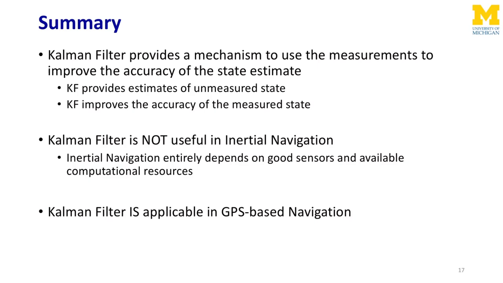Now, as far as inertial navigation goes, Kalman filter, unfortunately, is not useful because we don't have the measurement of any component of the state in inertial navigation. Inertial navigation purely depends on the quality of your sensors and available computational resources. So the better initial condition estimates, the better sensors you have, the faster you can run the model, the better your inertial navigation is going to be.